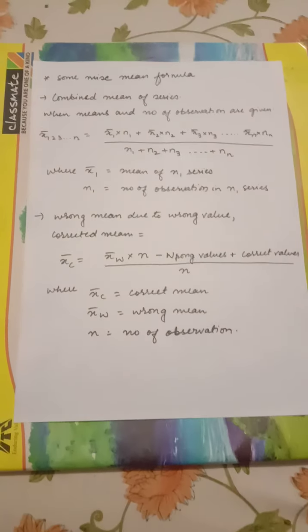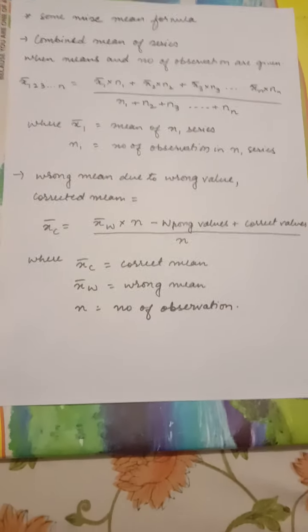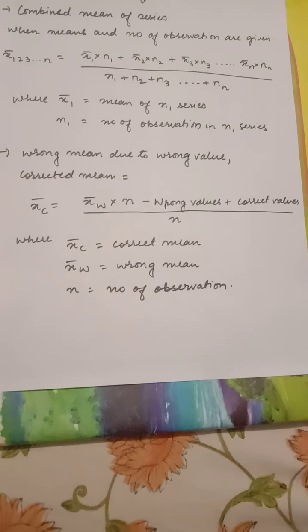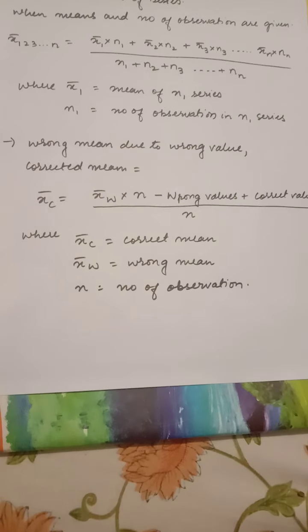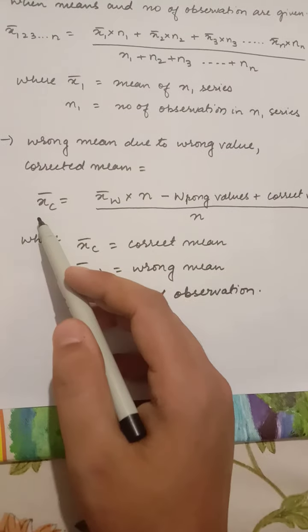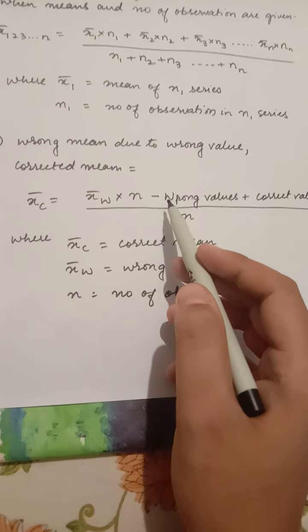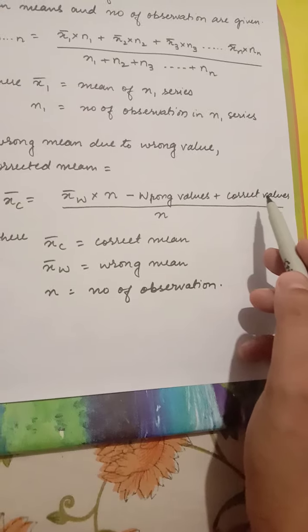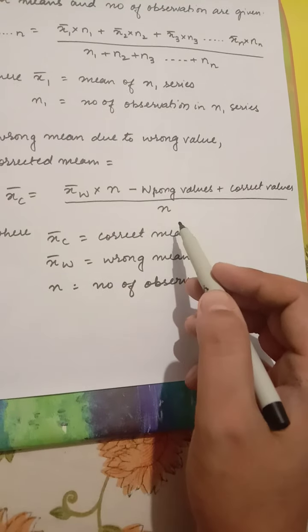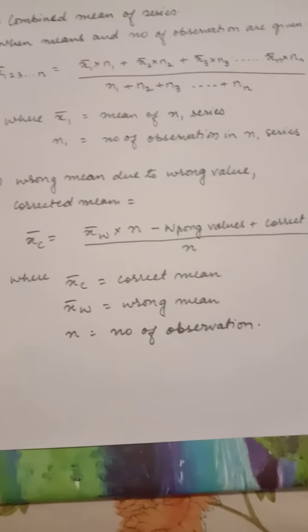Now let's move on to the important topic, that is the corrected mean. The formula of the corrected mean is x bar c equals x bar wrong value into the number of observations, minus the wrong value plus the correct value, divided by the number of observations. Let's take an example.